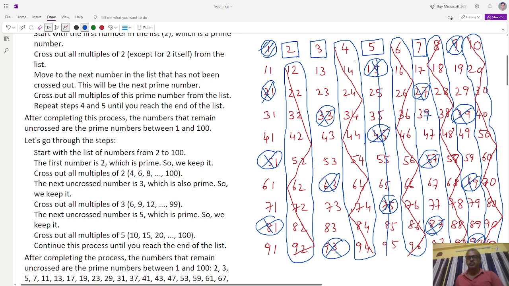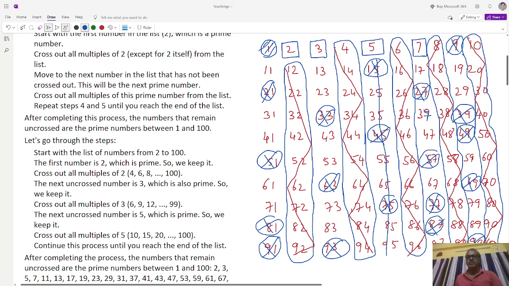So 7 twos are 14, 21, 28, 35, 42, 49. 49 is a multiple of 7, so it should be crossed out. 56, 63, 70, 77, 84, 91. Right? Then 98 is already crossed out.